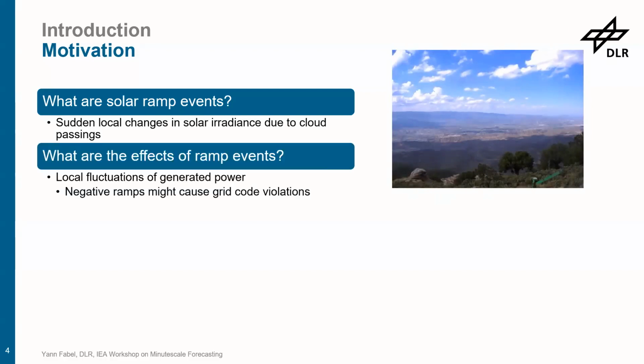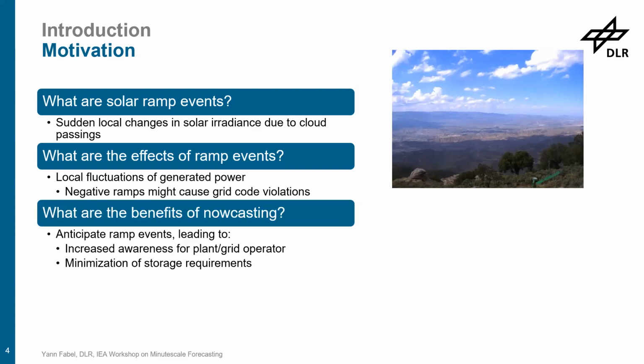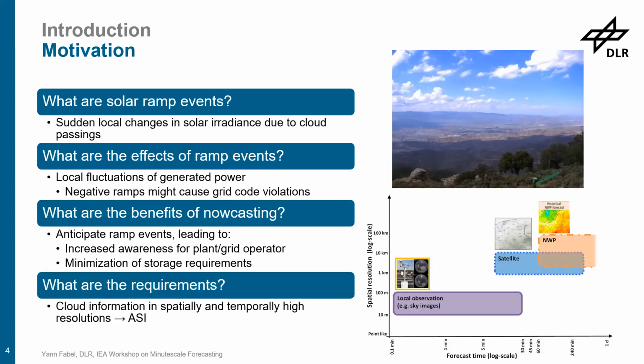And the effects are that local generations can fluctuate quite strongly due to those solar ramps, and especially negative ramps might cause, for instance, grid code violations. So what we want to do is anticipate those ramp events in order to have an increased awareness for the plant or grid operator, and maybe also to minimize the requirements for battery storage.